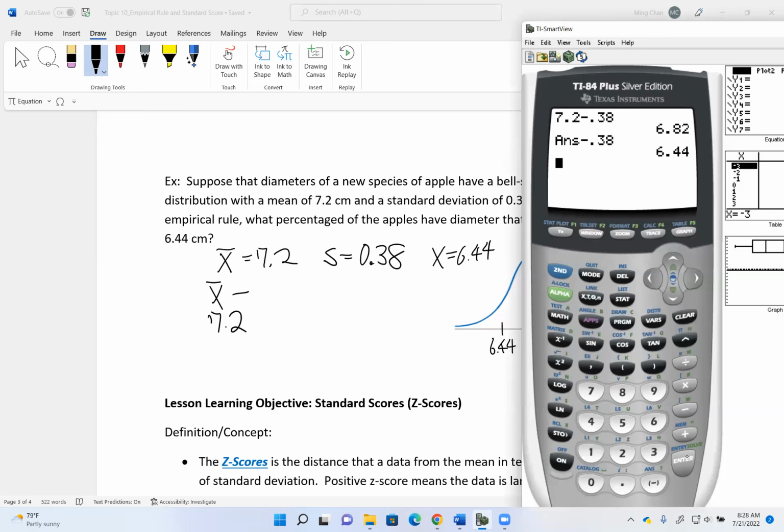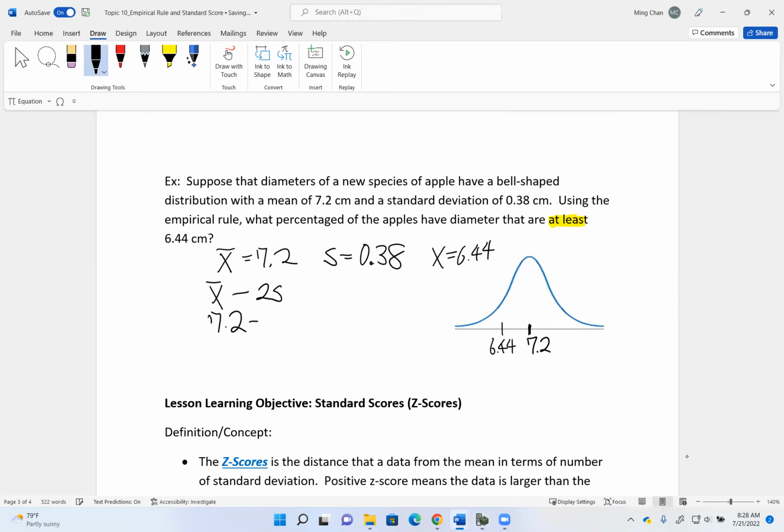So 6.44 is 2 standard deviations below the mean. At least, what does the word at least mean? Think about it: I have at least $10 in my pocket. That means I have $10 and more. So the percentage I'm looking for is to the right of 6.44.